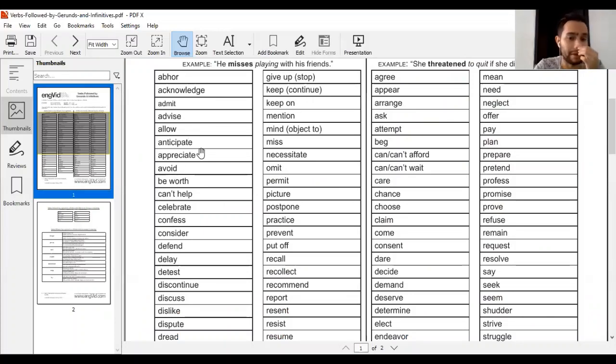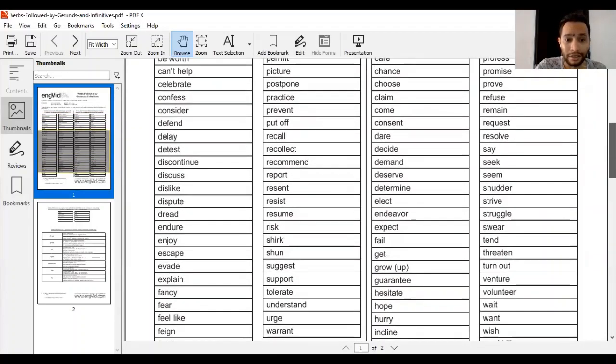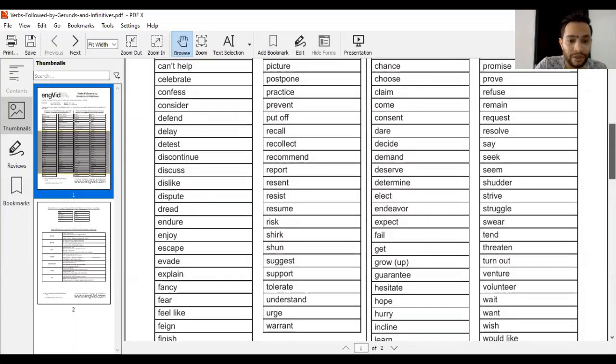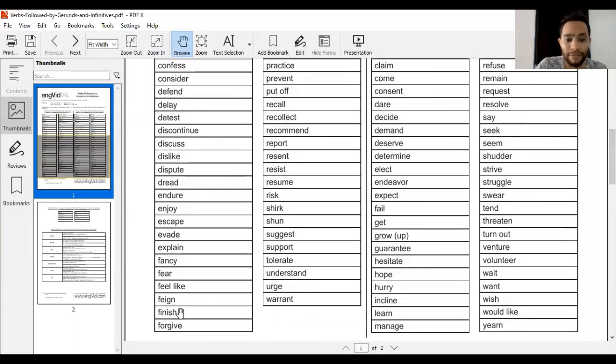Allowed, anticipate, appreciate, avoid, be worth, can help, celebrate, confess, consider, defend, delay, detest, discontinue, discuss, dislike, dispute, endure, enjoy, escape, evade, explain, fancy, fear, feel like, finish, forgive.